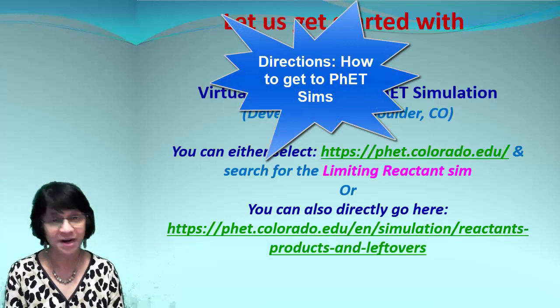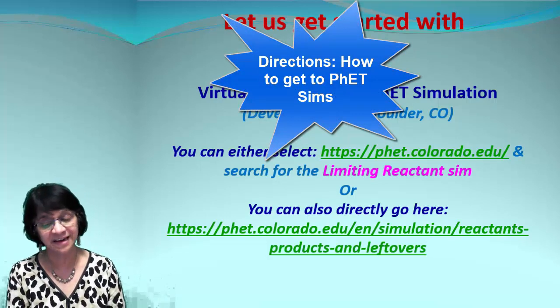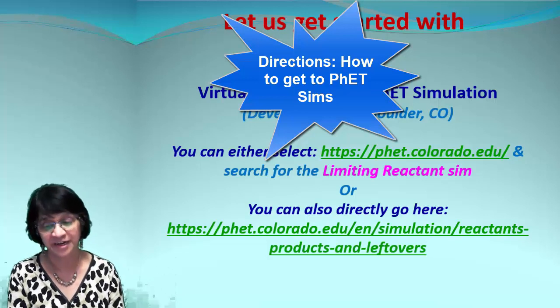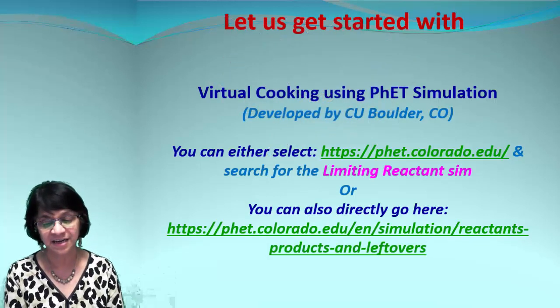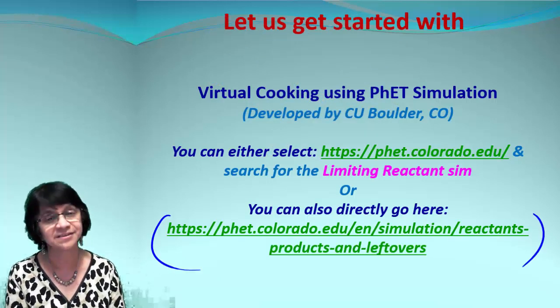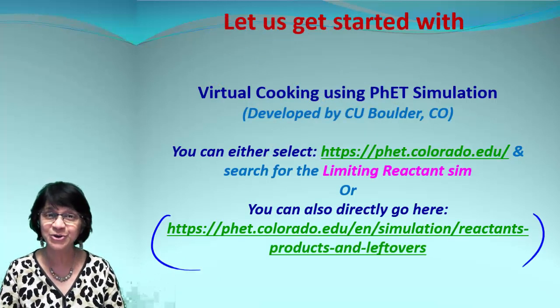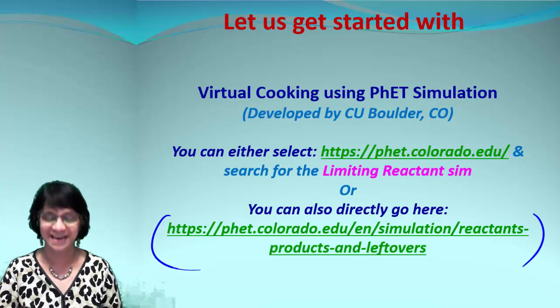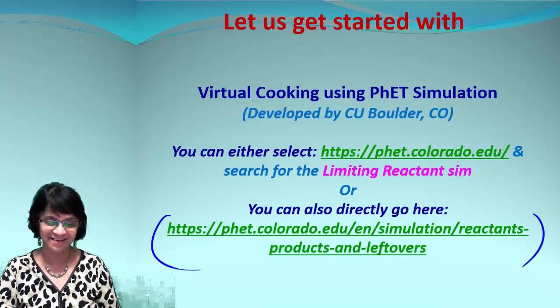You can do one of these two things. You can either select this link, which is a direct PhET link, and then select the limiting reactant sim from that, or you can also use this link directly, which will take you to the PhET simulation page right over here.